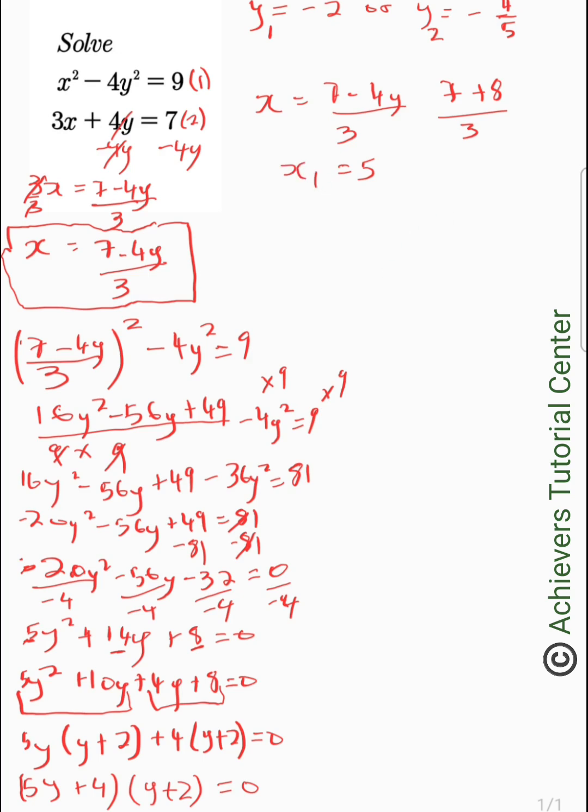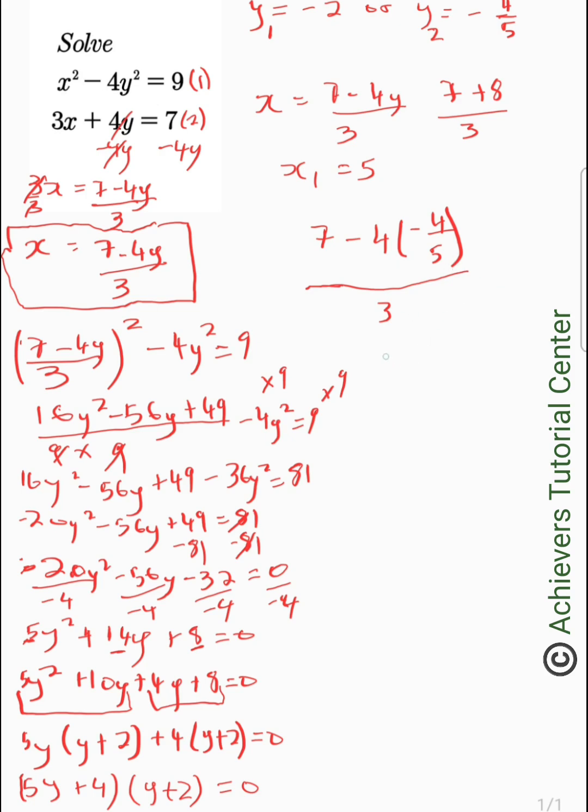So now let's find x2. We are going to substitute the value of y2, which is -4/5. So x equals (7 minus 4 times -4/5), and all of this divided by 3. Let's simplify.